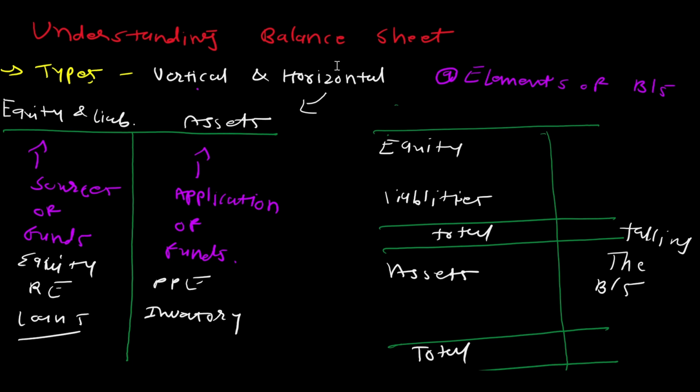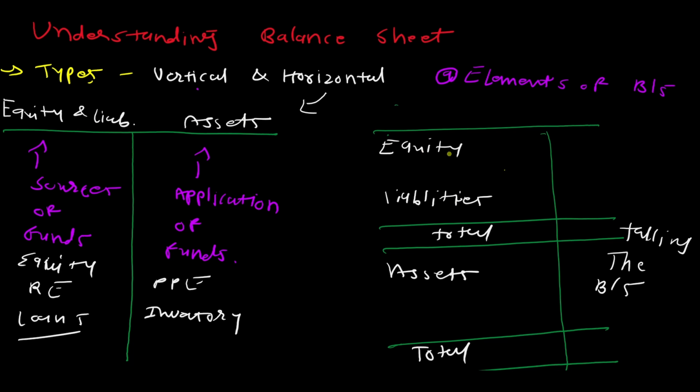Today we are going to learn about the balance sheet. In the first learning, elements of the balance sheet, there are types of balance sheet. There are two types, vertical and horizontal. You will see the vertical type in most financial reports.